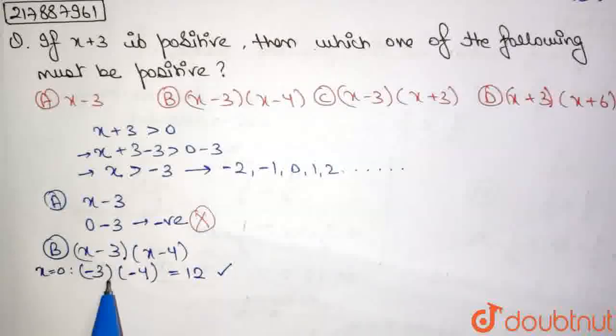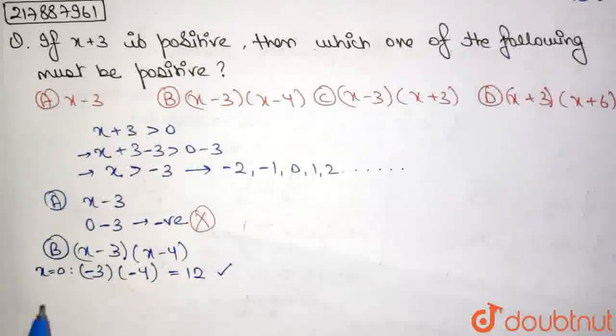But let us check for another value. Say I want to check for x as 5. This time x is greater than both 3 and 4, whereas earlier we took 0, which was less than 3 and 4 as well.